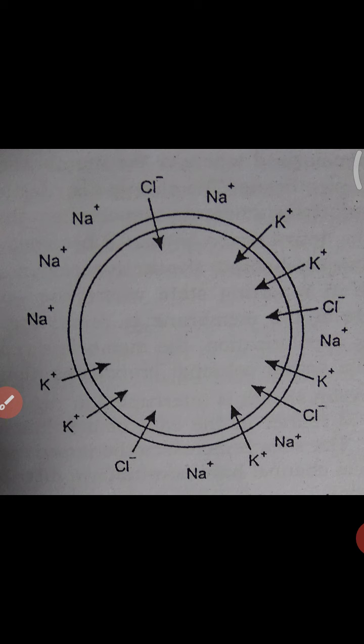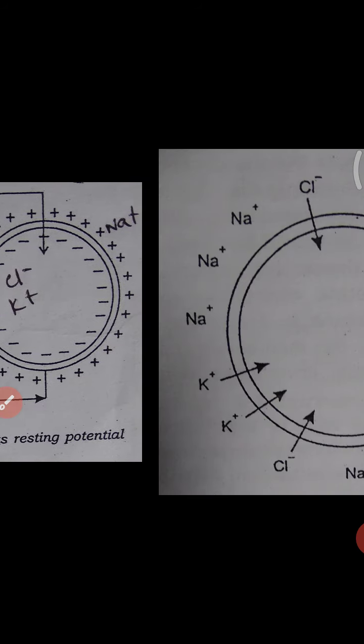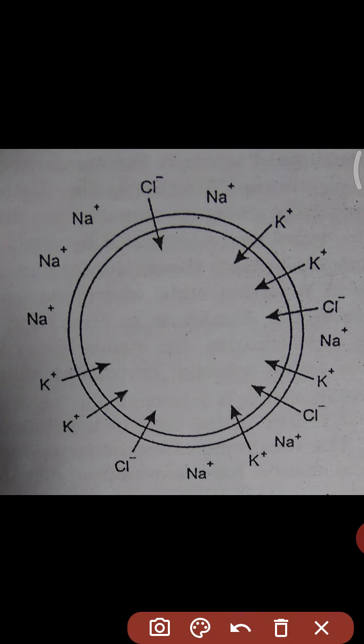Inside is negative, that is your Cl minus, and outside is positive, that is your Na plus ions. These two are in an equilibrium condition. This membrane potential is called the resting potential.